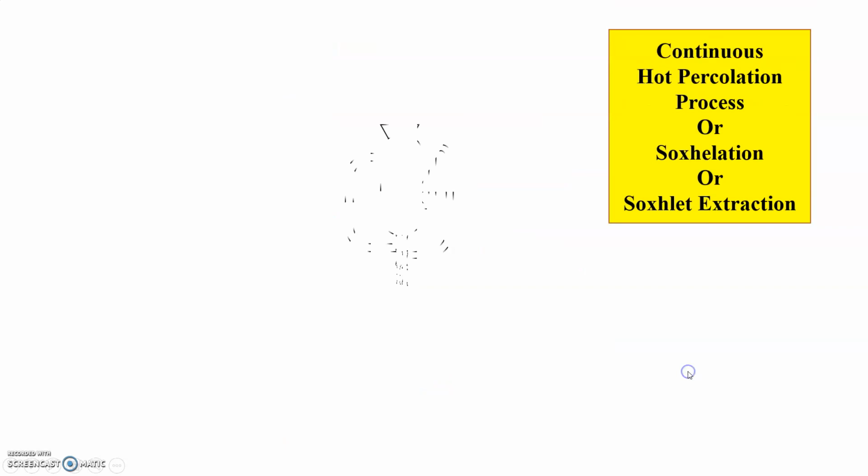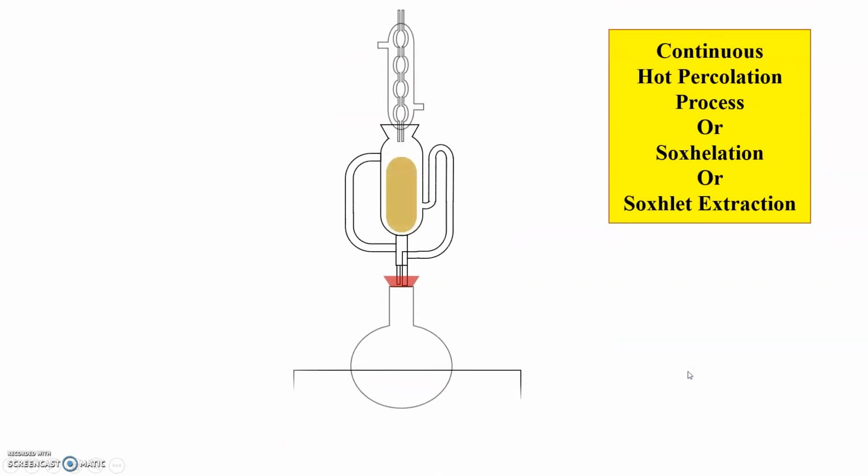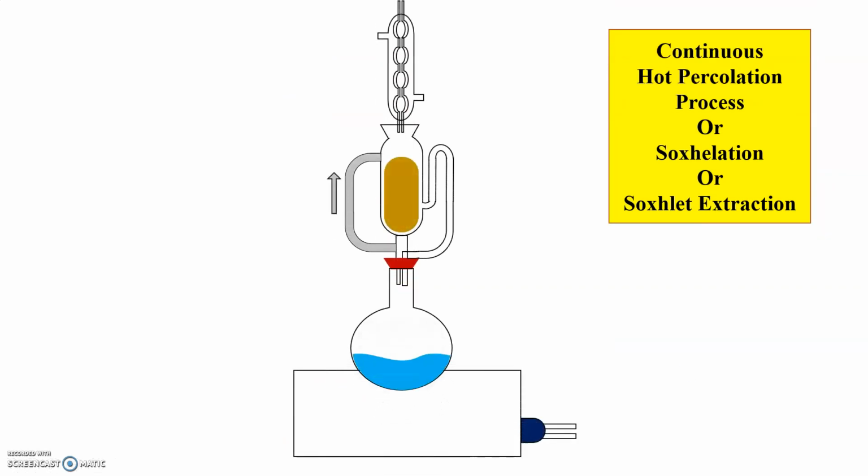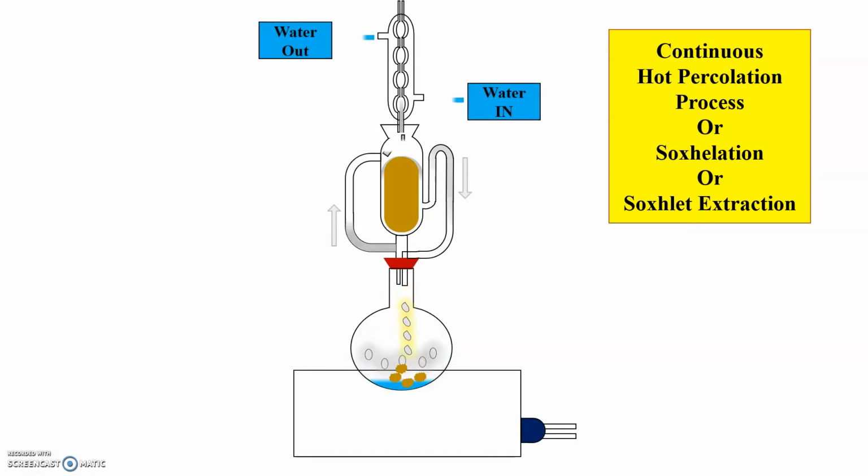Now let us see the working of continuous hot percolation process, or you can call it Soxhlet extraction or Soxhlation. As you can see here, when the solvent is boiled on heating the flask, it is converted into the vapors, and these vapors pass through the side tube, as it is indicated by this arrow.